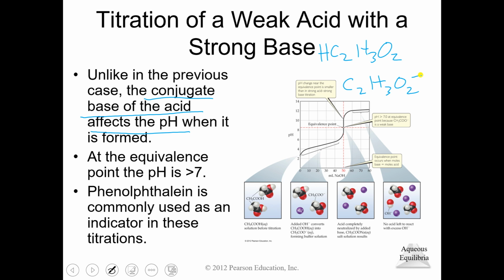Okay, this is the conjugate right there. So when that conjugate base of the acid is formed, it affects the pH. The equivalence point is still 7, pH is 7, and we can use phenolphthalein as an indicator.